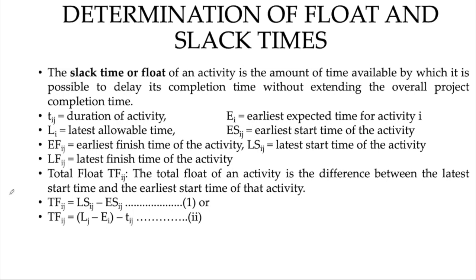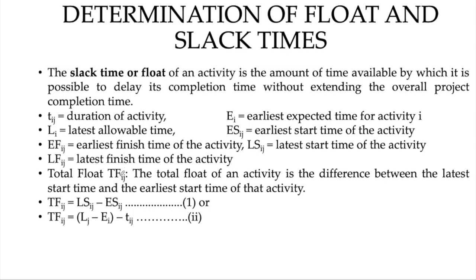So let's define certain notations: Tij is the duration of activity ij, Ei is the earliest expected time for activity i, Li is the last allowable time for activity i, ES is the earliest start time, and EF is the earliest finish time of the activity. Similarly, LS represents the latest start time and LF the latest finish time of the activity.